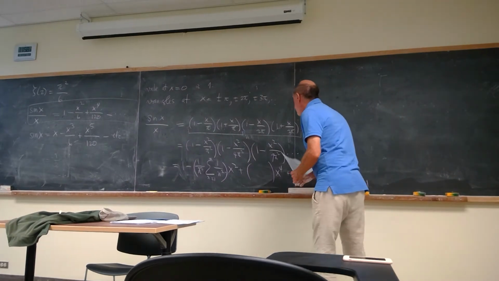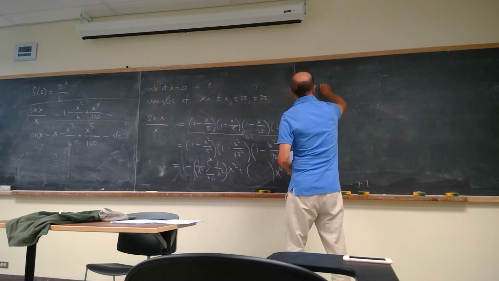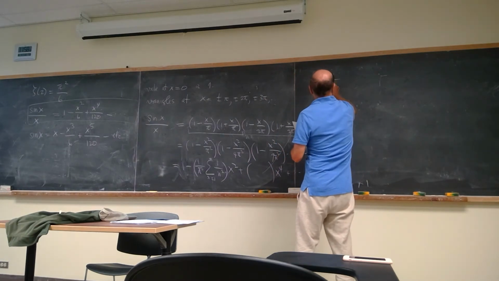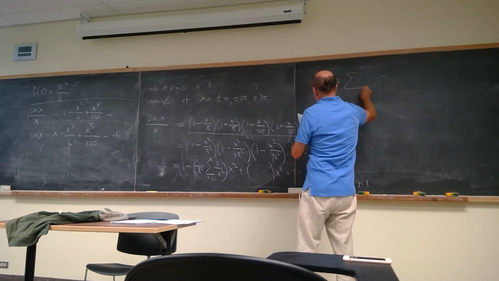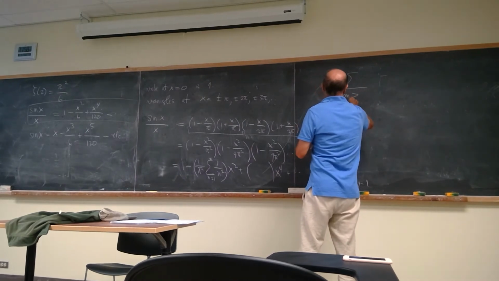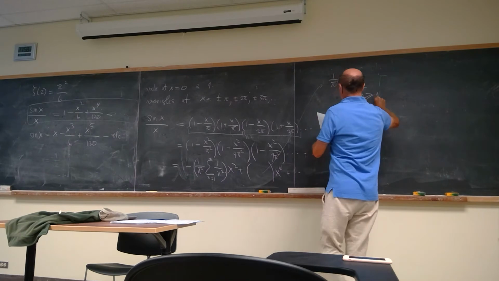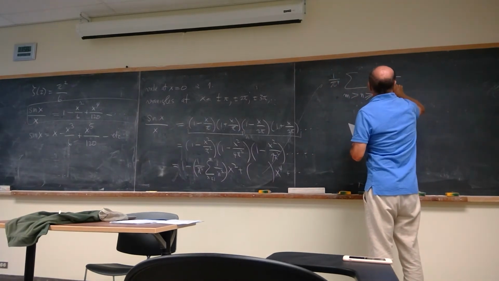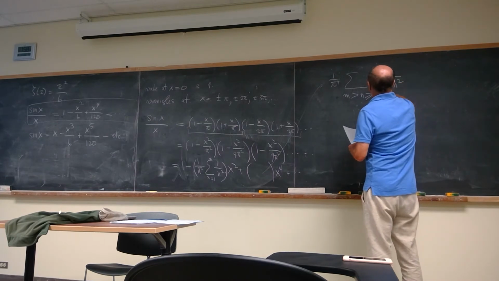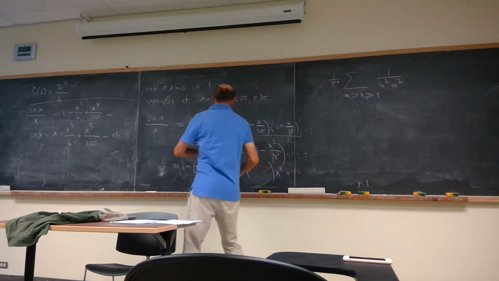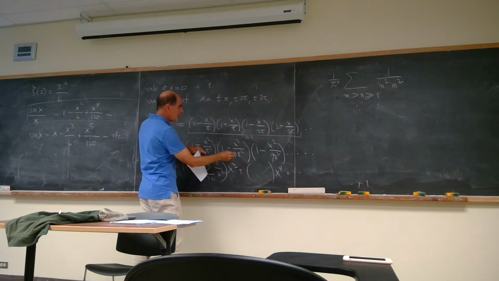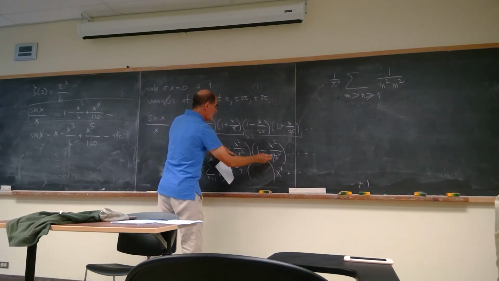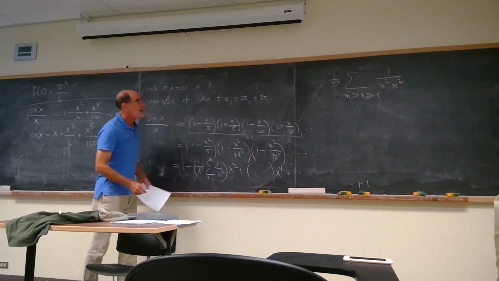So the coefficient here is 1 over pi to the 4th, the sum over m greater than n greater than or equal to 1 of 1 over n squared m squared, right? I'd get an x to the 4th term from here, and an x to the 4th term from here, but I'd never have m equal to n.